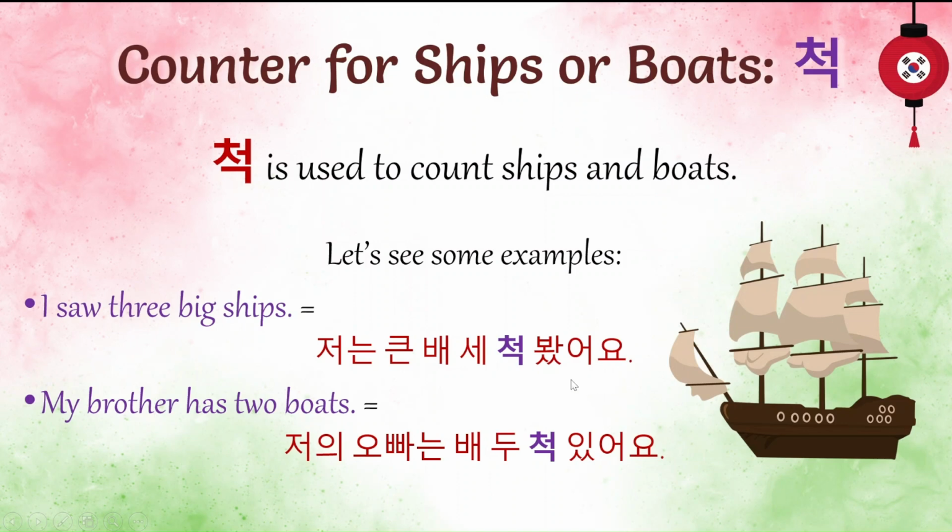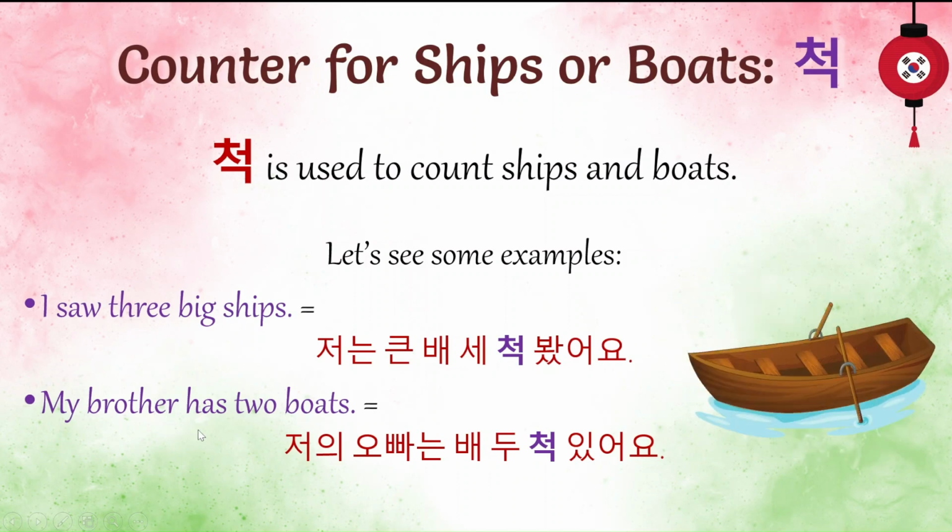And to see is 보다, past tense 봤어요. So if you have to say 3 big ships, 큰 배 세 척. Okay, very simple. You know the counter word, you know how to use that counter in sentences, the format and everything. It will be very easy for you to frame the sentence.